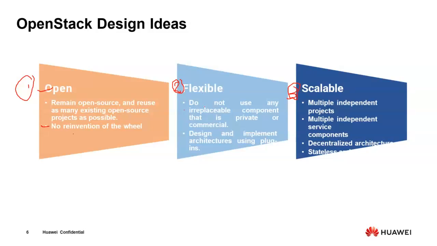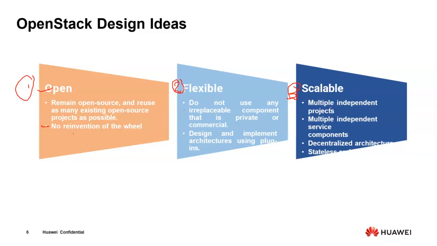It's flexible because it does not use any replaceable component that is private or commercial, and it is designed and implements architectures using plugins. So basically, you only need plugins to design your architecture. OpenStack has all these plugins; you just need to use them.